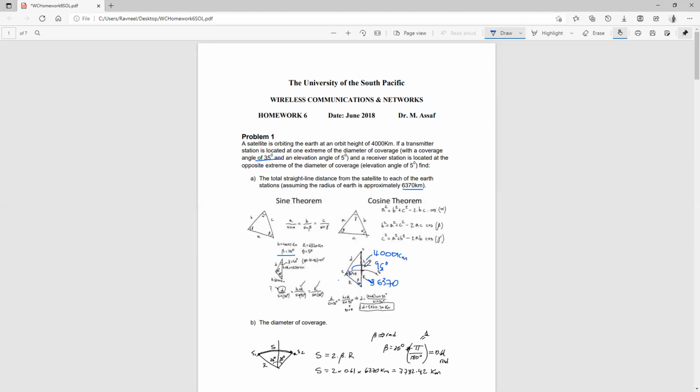So the total distance, h plus r, is equivalent to 10,370 kilometers.